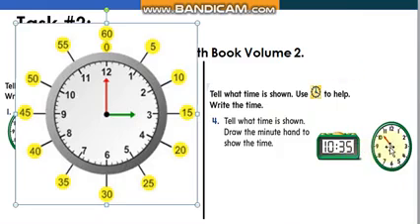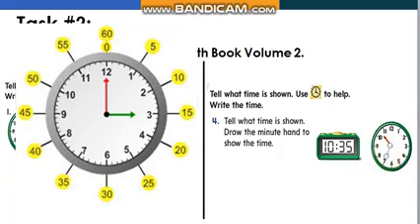Let's skip count by 5 to find the answer. 5, 10, 15, 20, 25, 30, 35. And where is 35? At 7. So we're gonna add the minute hand pointing at 7. Hooray! Thank you for helping.